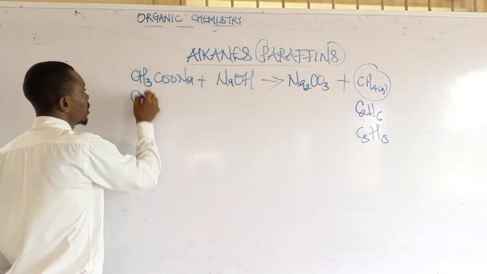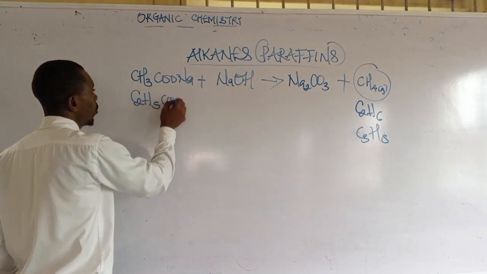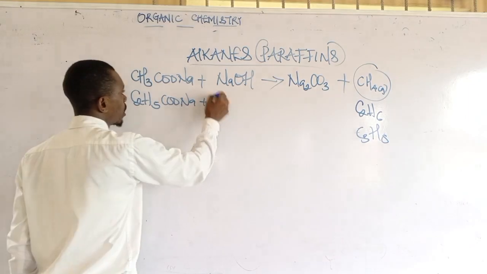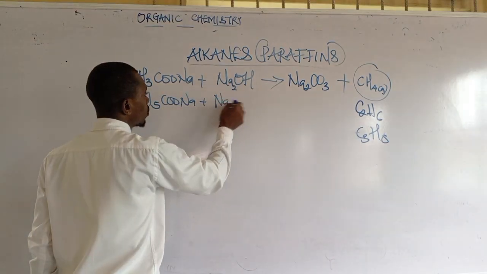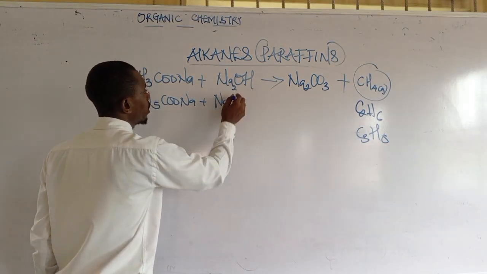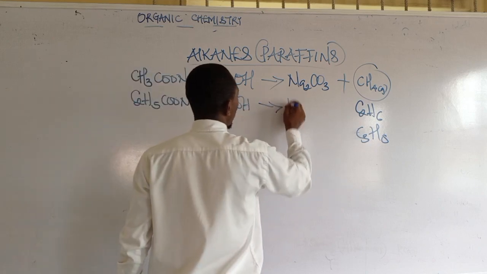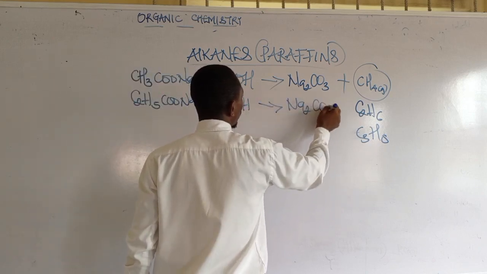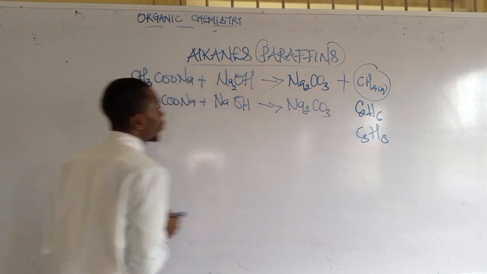So it becomes C2H5COONa plus NaOH, giving us Na2CO3, sodium trioxocarbonate(IV).